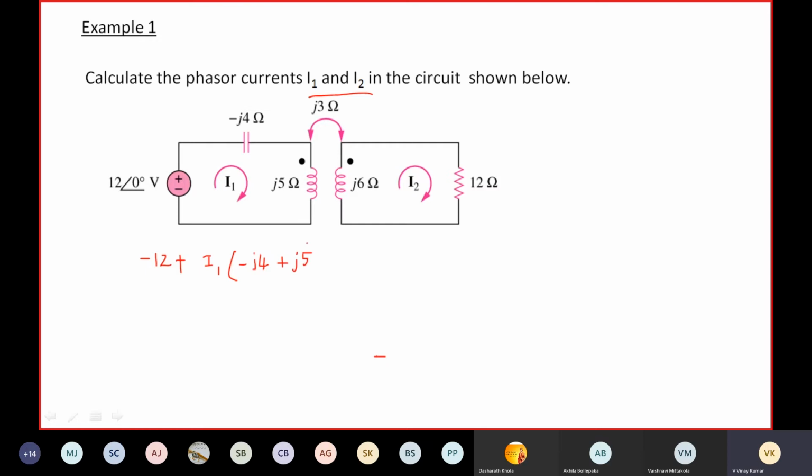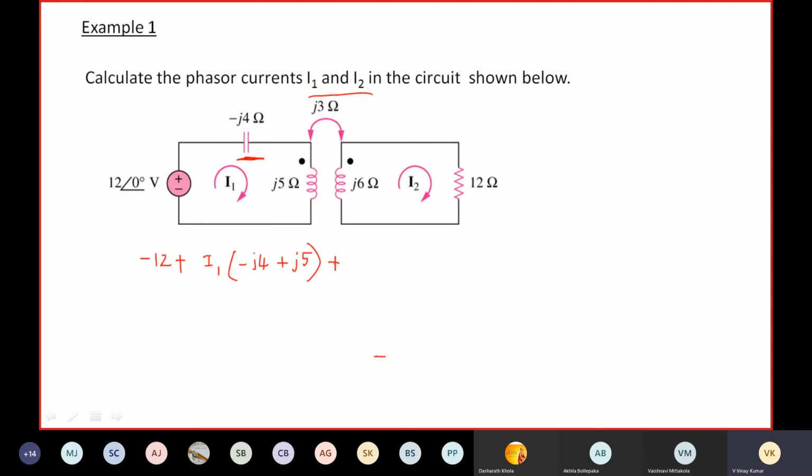This I1 into minus j4 is the voltage across this impedance. Coming to the voltage across this, the self-induced voltage is I1 into j5.